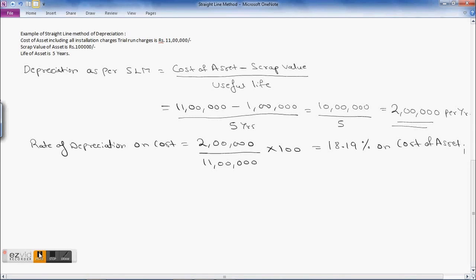That is, if a particular plant and machinery is capable of producing 40,000 goods per year, then we are assuming here that it will produce 40,000 goods for all 5 years. So it will provide the same utility for all 5 years.